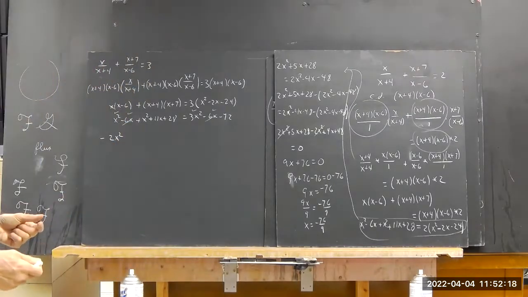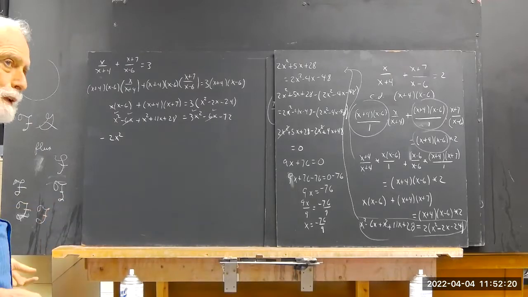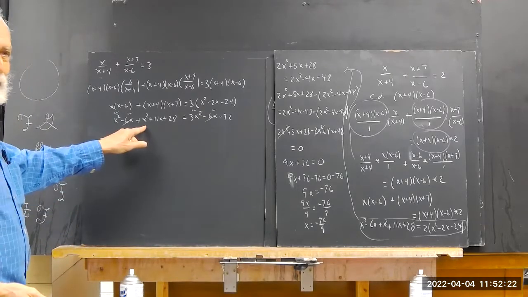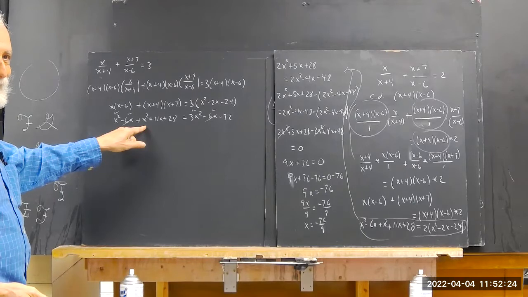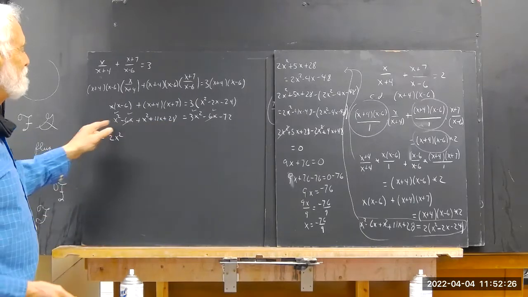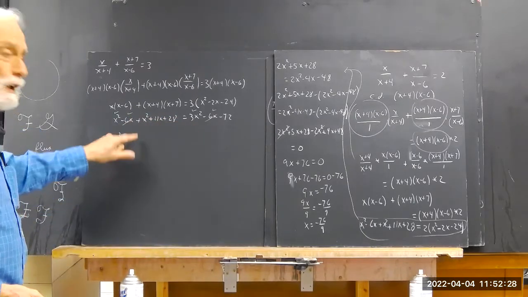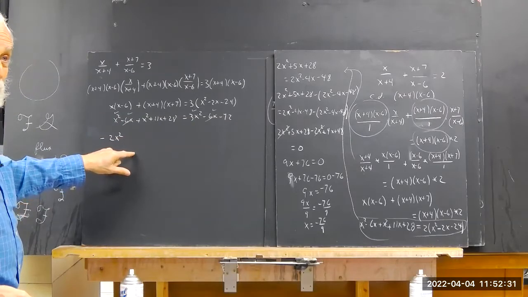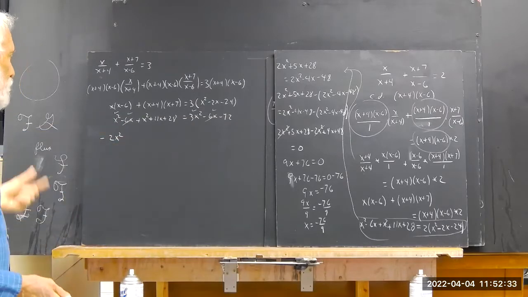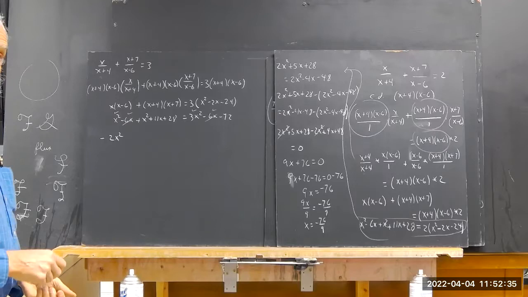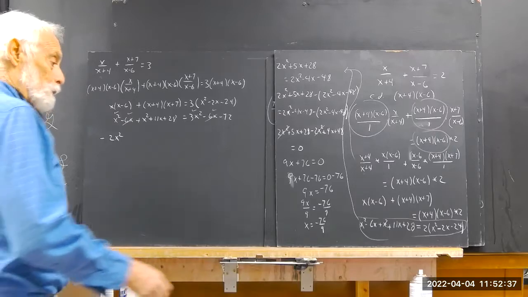Now, I see that was a little too quick. I got an x squared here, right? Maybe I should have brought this all into one polynomial, which would have made it easier. I probably should have done that.